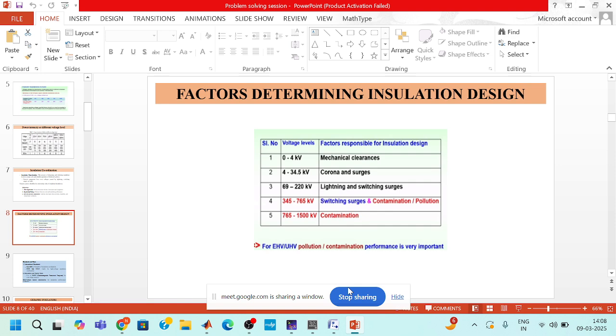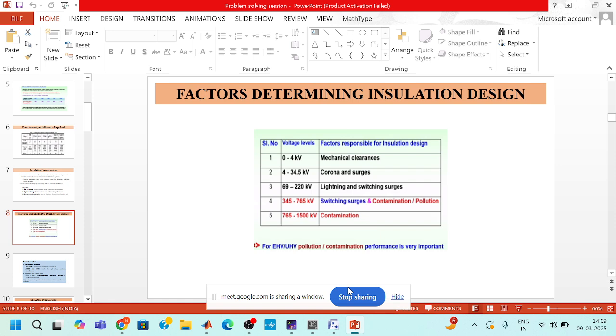You will be asked what the factors responsible for insulation design are at each voltage level. For 0 to 4 kilovolt, the main factor is mechanical clearance. Similarly, for 4 to 34.5 kilovolt, the main factors are corona and surges.